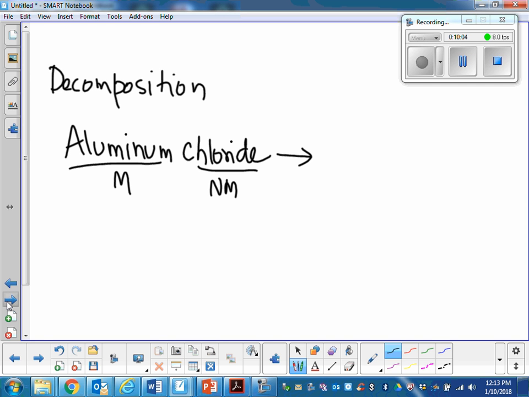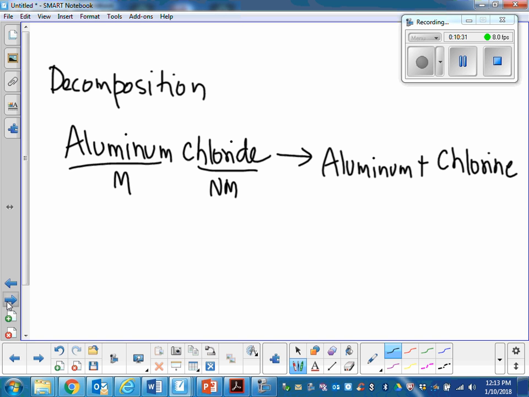So Salim, what do you think aluminum chloride will break apart into? It'll break up into... name the elements first. No, don't give me the formula. Just give me the name. Aluminum plus chlorine. Okay? Are we good so far?